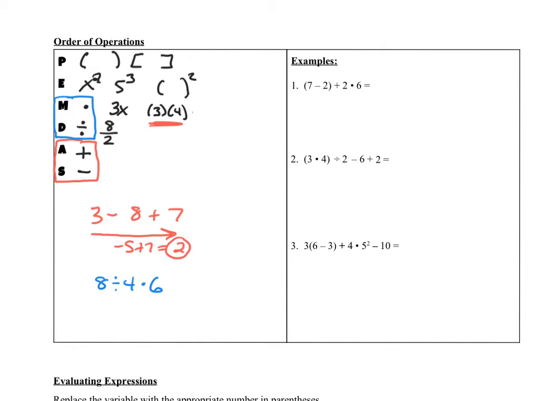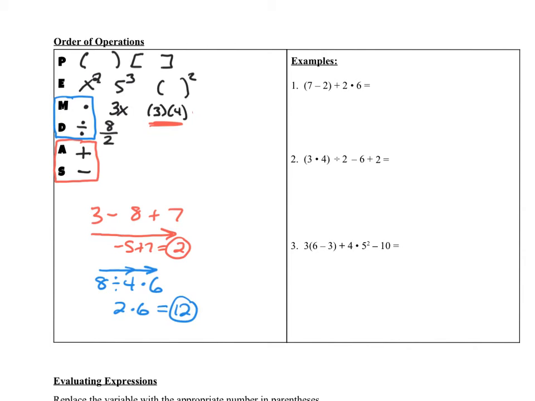So you have division and multiplication. Even though the multiplication comes first in PEMDAS, when all you have left is multiplication and division, you should do it left to right. So again, we're gonna go left to right. So it'll be 8 divided by 4, which is 2, and 2 times 6, which is 12. Okay, so just keep that in mind.